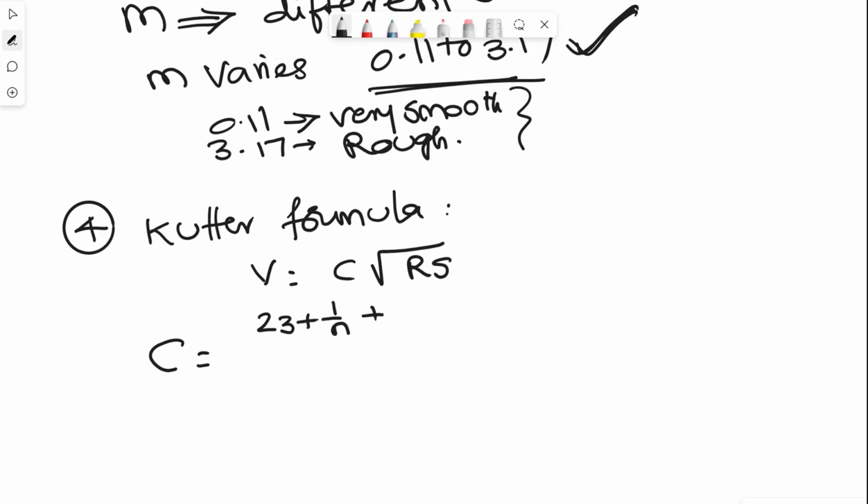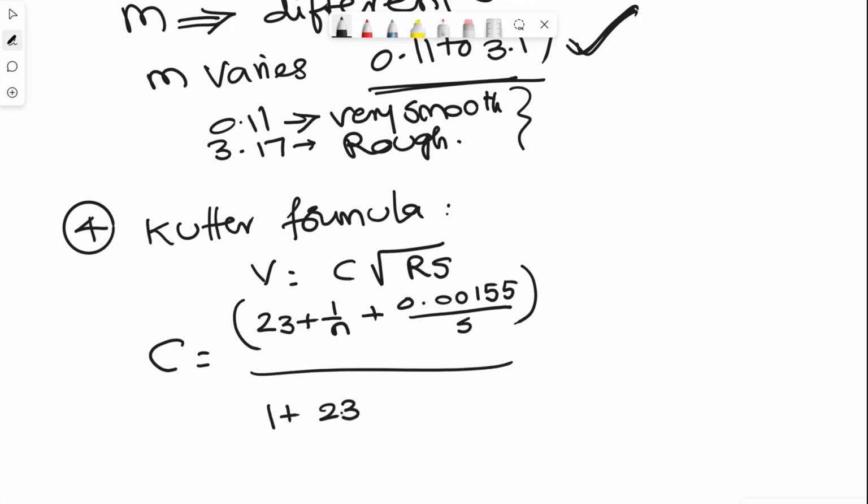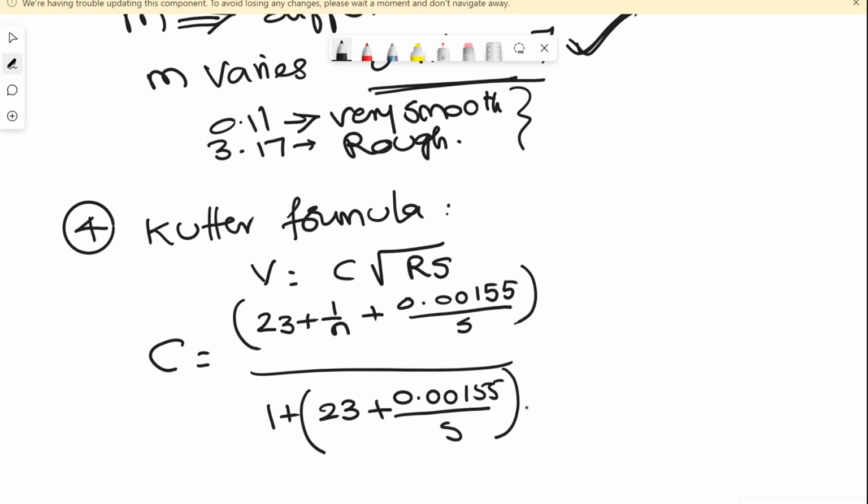C is equal to 23 plus 1 by n plus 0.00155 by S, all this is the numerator, divided by 1 plus 23 plus 0.00155 by S into n by root r.